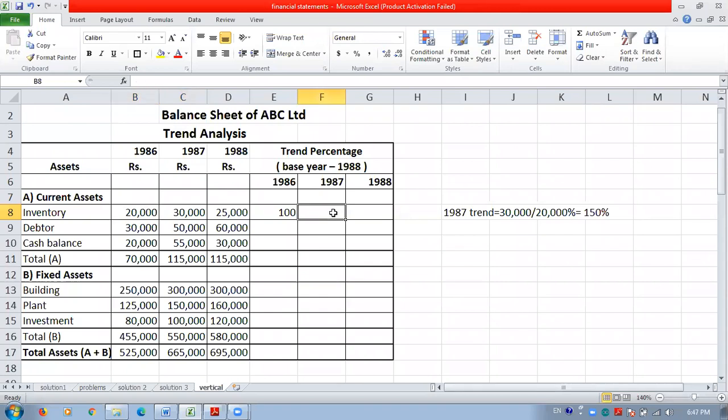So we put 150% here. Okay, so you got what a trend is. Whatever we are dealing with is percentage, so that is important.